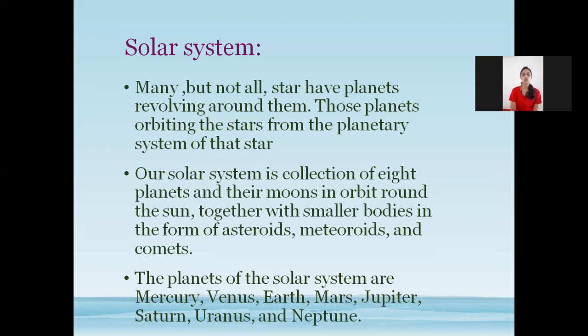In short, our solar system consists of one star, the Sun, at the center and eight planets around the Sun. Which are the planets? The planets are Mercury, Venus, Earth, Mars, Jupiter, Saturn, Uranus, and Neptune.